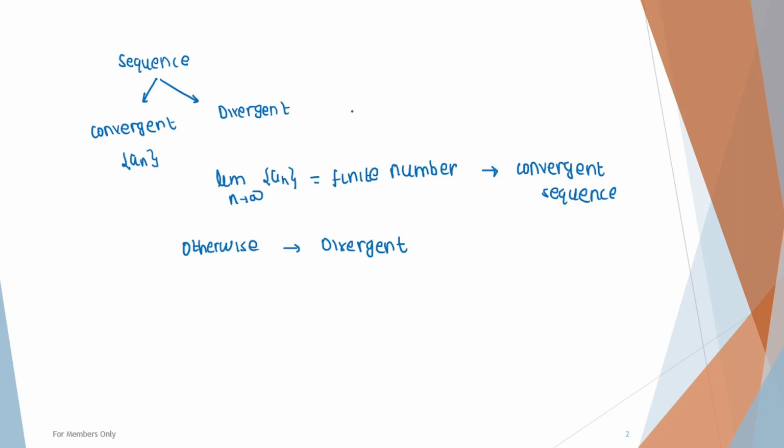Let us take one example: an is given by 1 by n, with n starting from 1, so it will be 1 by 1, 1 by 2, 1 by 3, 1 by 4, and it goes to 1 by infinity, that will give 0. So it is giving a finite number, so it is a convergent sequence.